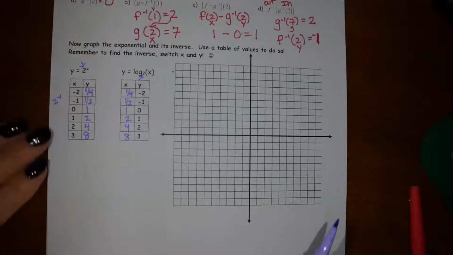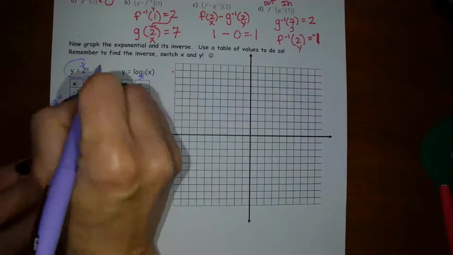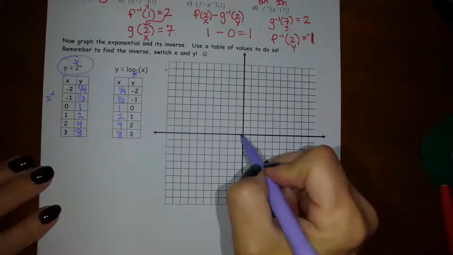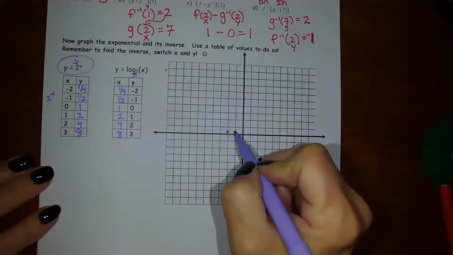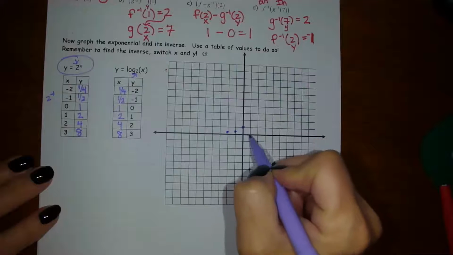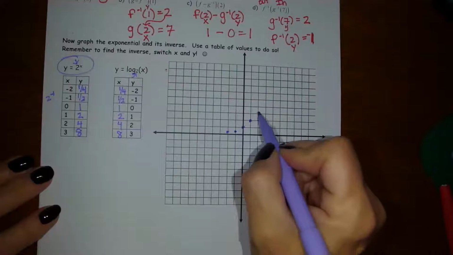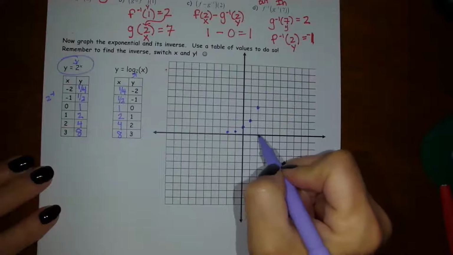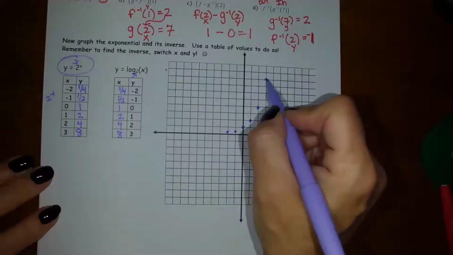So let's graph these. I'll graph this one in purple. So we're at -2, 1/4, -1, 1/2, 0, 1, 1, 2, 2, 4. Here we go.